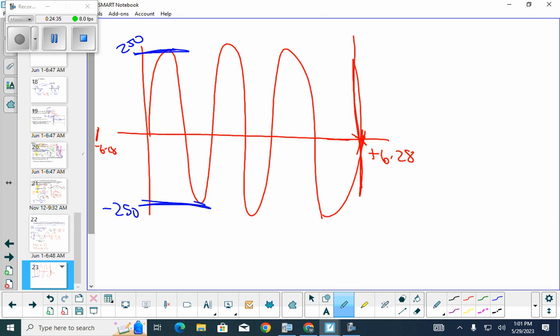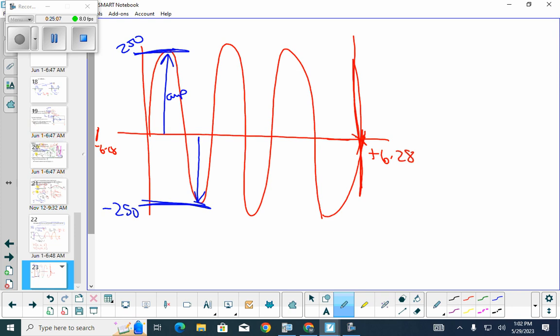I just didn't draw out the whole window. Okay. So here's the key to this. If we look at question 7, it says, what's the amplitude? So we know the max is at 250, the min is at negative 250. So how far is it? What's the amplitude? 250. Okay, easy. That is going to be a diploma exam question. Not every diploma exam question is going to be mind-blowing 14 steps later. Okay, they're just straight up.